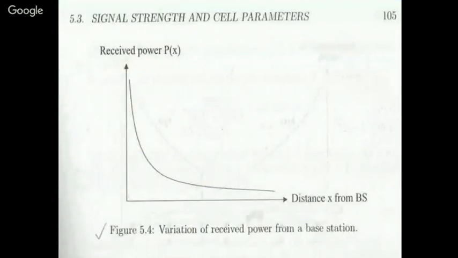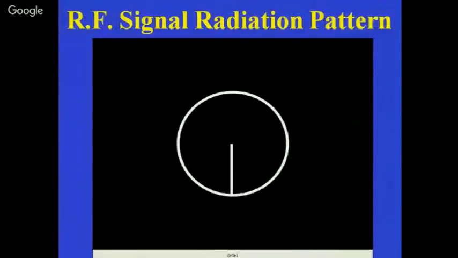The same figures we have gone through here. This is the figure about how your signal strength will go, contours all around. These are animations, and I cannot show the animations, but the films are available.